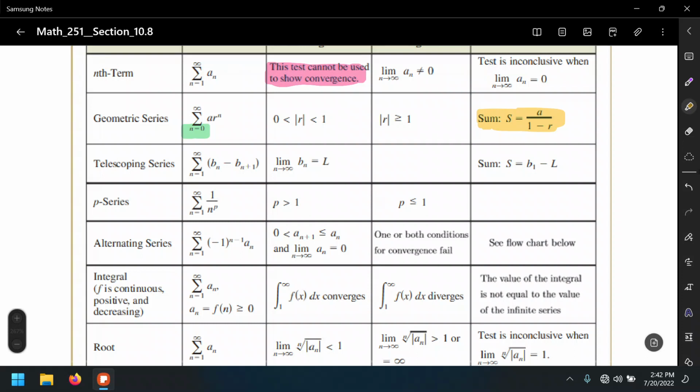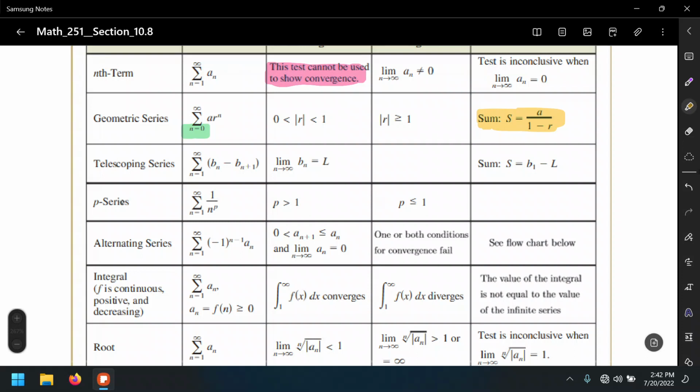Cancel terms, and the infinite sum will be whatever term survives the cancellations, right? Here the limit is L, and the sum is whatever, in the case that the limit is something other than 0. But most of the time we get something for which the limit would be 0, and that's just whatever terms survive.